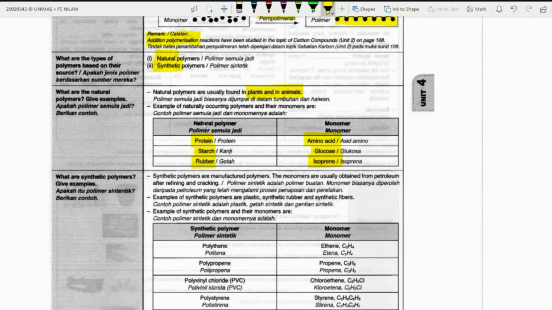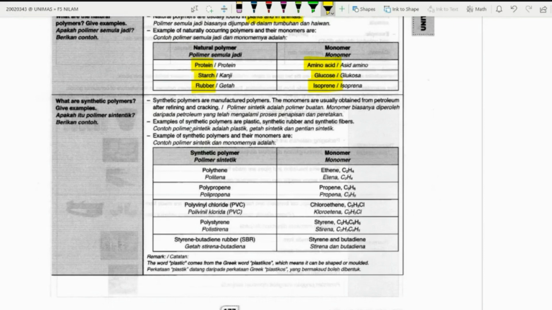Then how about synthetic polymers? Let's say polyethylene, where the monomer is ethene. This one we discussed in carbon compounds at that time. Then polypropylene, from propene. Then polyvinyl chloride, which is PVC; PVC is actually from chloroethylene. Then polystyrene is from styrene.